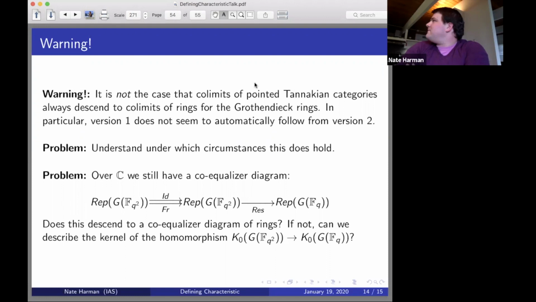You're sort of trying to interpolate between the identity map on your group and the map sending everything to the identity. I certainly don't think you can do that at the group level. But yeah, that's a good point. Realizing these co-equalizers and putting them in some family like that could be nice.